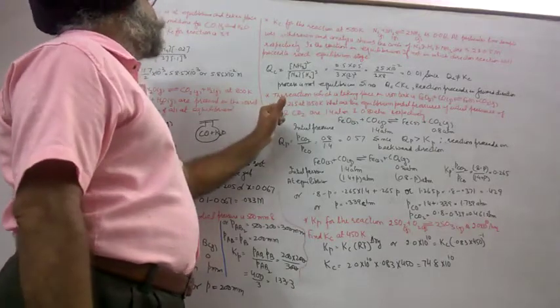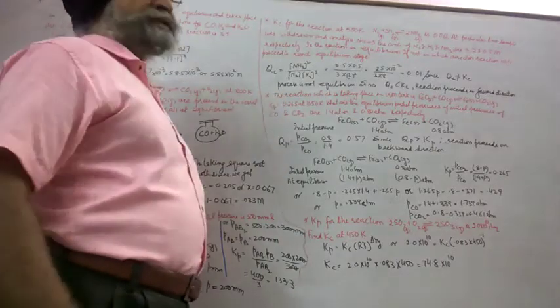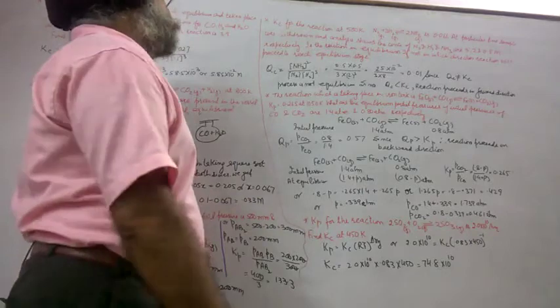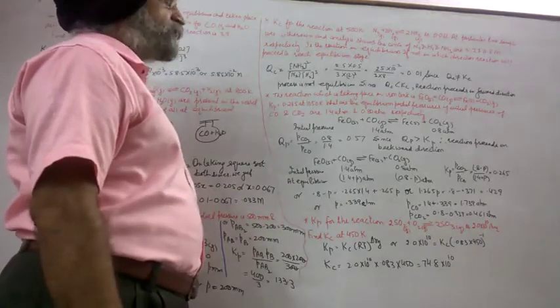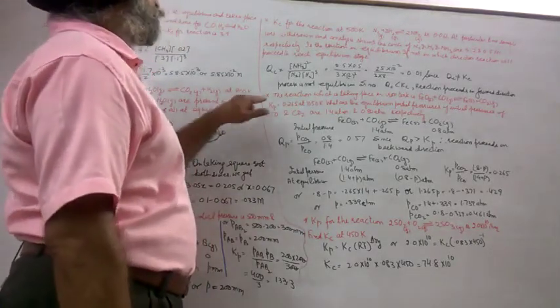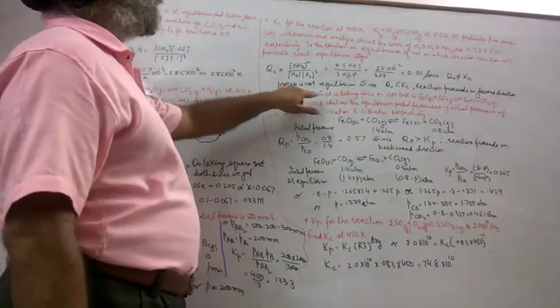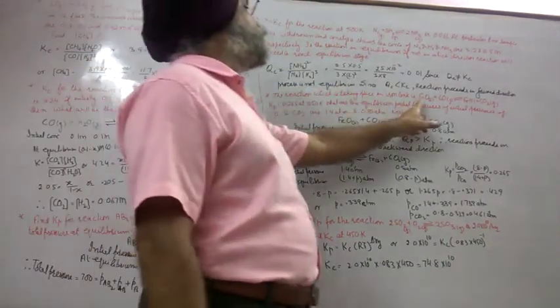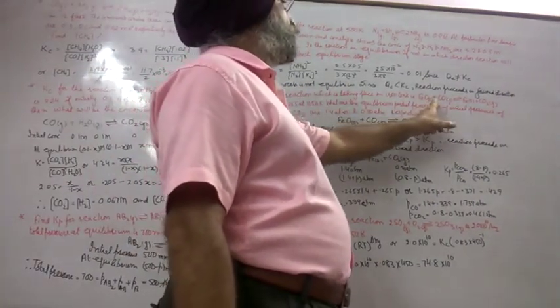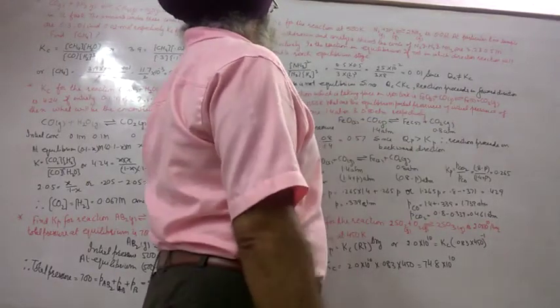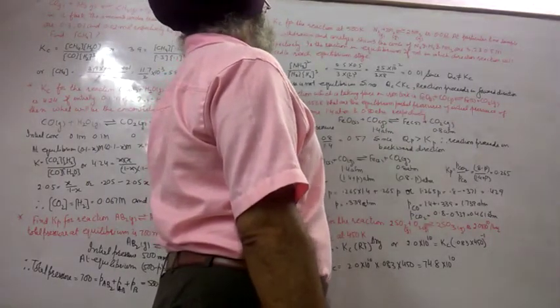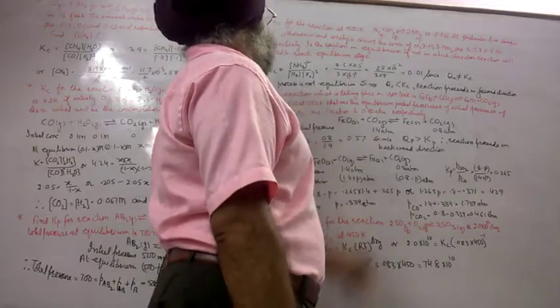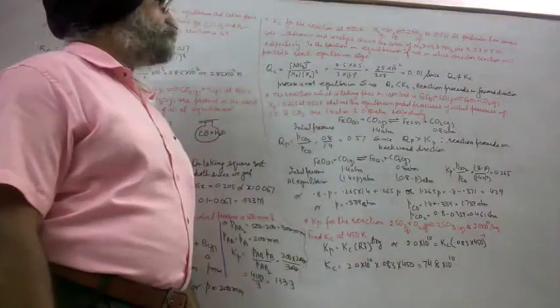Now I am going to take up this numerical. This is a very tough numerical. Let's see how. The reaction which is taking place in an iron tank, in that case Kp is this much at 1050 Kelvin.